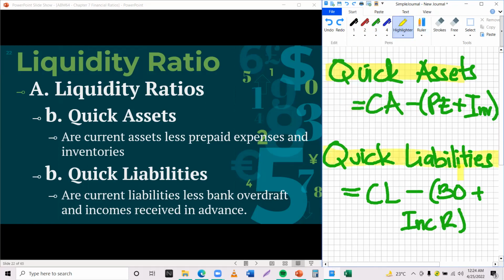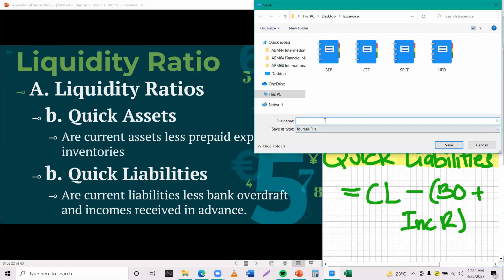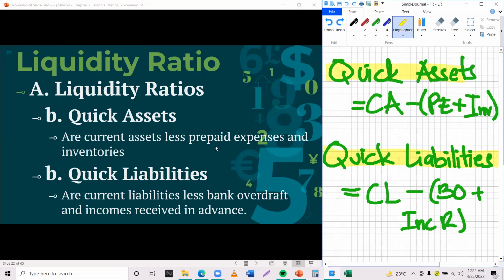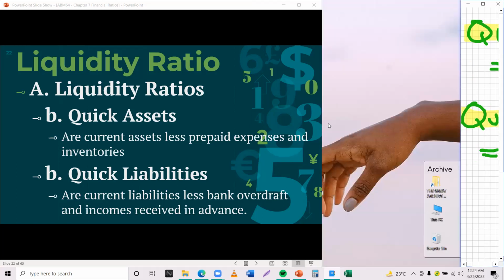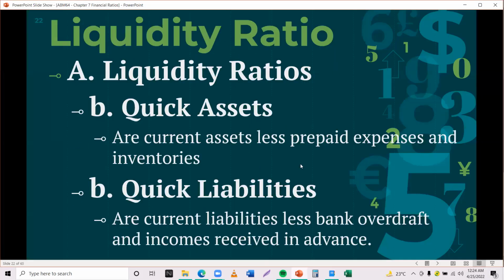So again, that's how you'll get quick liabilities. So that is for liquidity ratio.